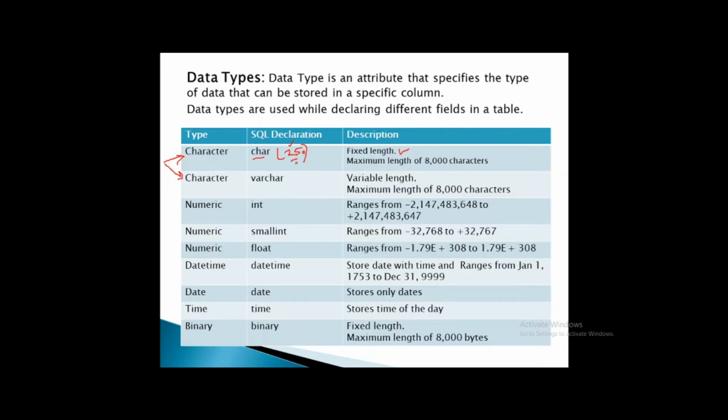So the basic problem with it is fixed length. Whatever you have defined, that will be fixed for the field until you change it explicitly. The maximum length that you can define for this is 8000 characters, right? Now the next thing is to solve this particular problem, where initially you do not know what is going to be the length of the field, like let's say the address field. In the address field, you do not know how long it is going to go.